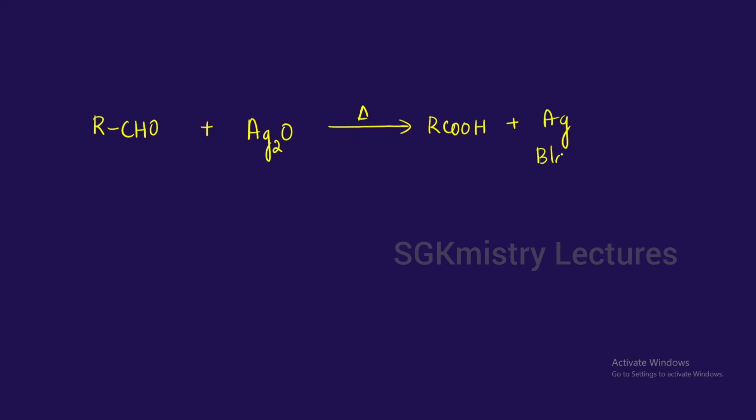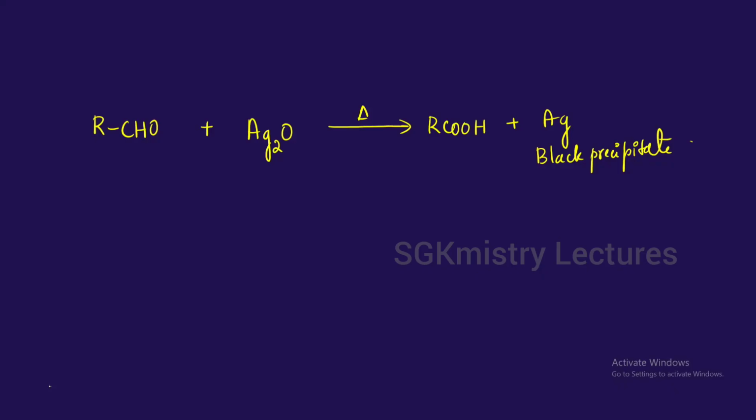So this forms the black precipitate or the silver mirror that is obtained. Right. So the observation can be any of this. Either a black precipitate is obtained or the formation of a silver mirror on warming it on the water bath. So if this happens, we can say that the aldehyde is confirmed. So this is a confirmatory test that is used for the aldehydes.